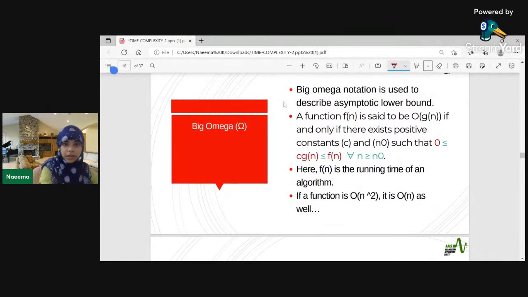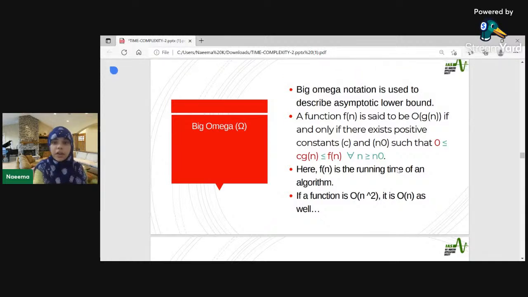Moving on to the next asymptotic notation, big omega. Big omega is used to describe asymptotic lower bound. A function f(n) is said to be big omega of g(n) if and only if there exist positive constants c and n naught such that 0 is less than or equal to c g(n), which is less than or equal to f(n) for all n greater than or equal to n naught.